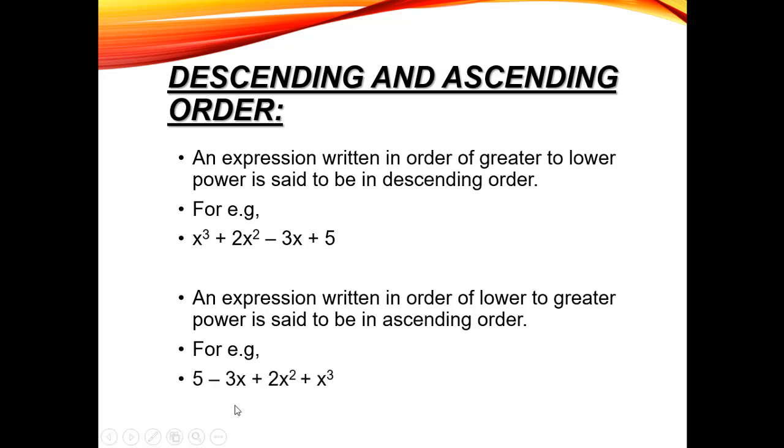There is a number, which means the power of x is 0, then x with the power 1, then the term with the power 2, and finally x with the greatest power. So when we take the terms from lower to greater power, that is known as the ascending order.